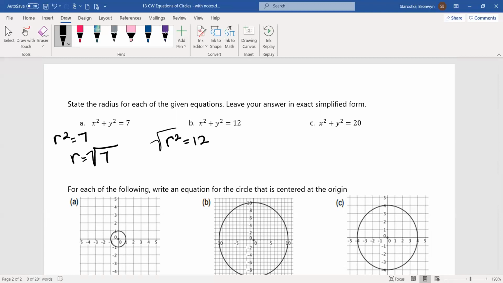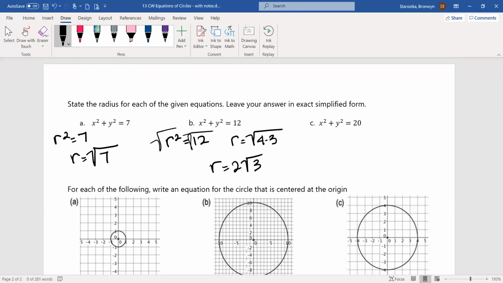Taking the square root of both sides, 12 is not prime. R equals the square root of 4 times 3. It's also 6 times 2, but 6 isn't a perfect square. You always want to simplify, pull out your perfect squares. The square root of 4 is 2. R equals 2 radical 3.